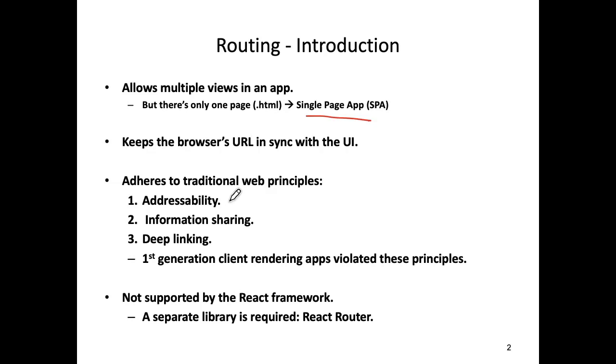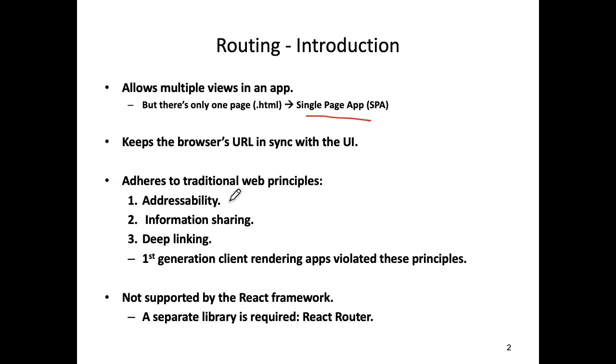And of course, the advantage of that is if I want to share a particular view of my React app with you, I don't have to tell you to go to the home page and then explain to you how to navigate to the particular view. I can simply give you the full URL address of that specific view within the overall app.